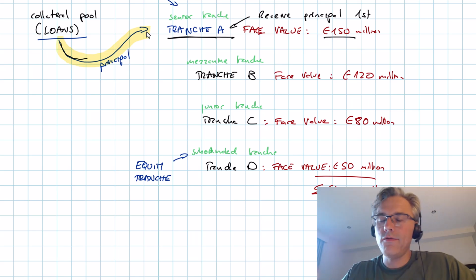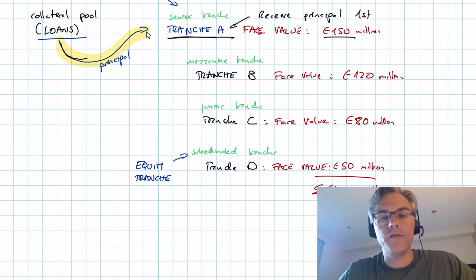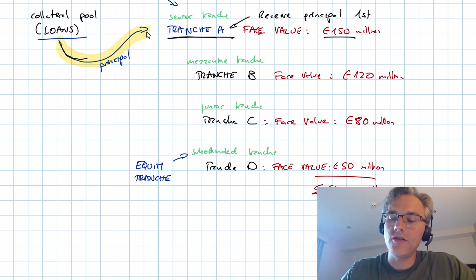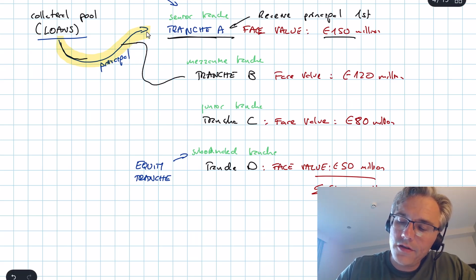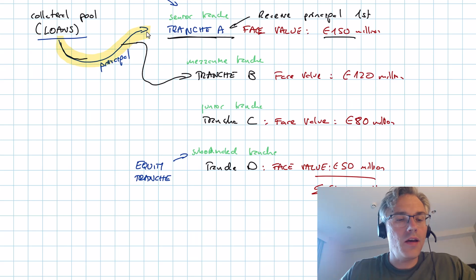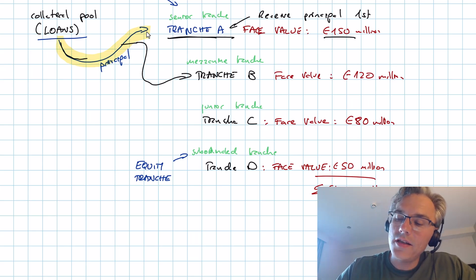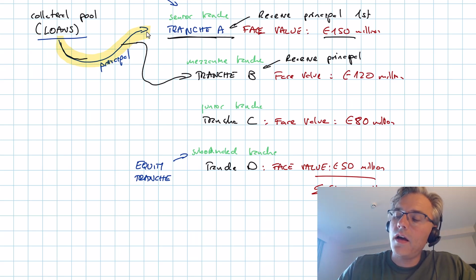Once they've received 150 million, so they've been repaid totally, only then are the flows diverted to tranche B. So they receive any principal payments once tranche A has been fully repaid.